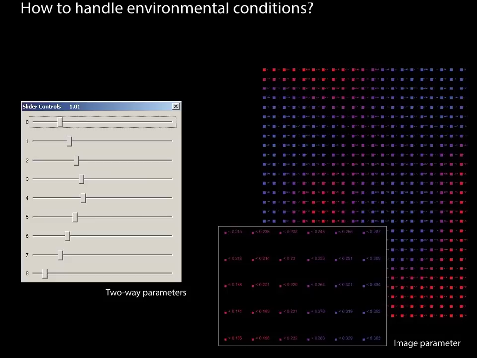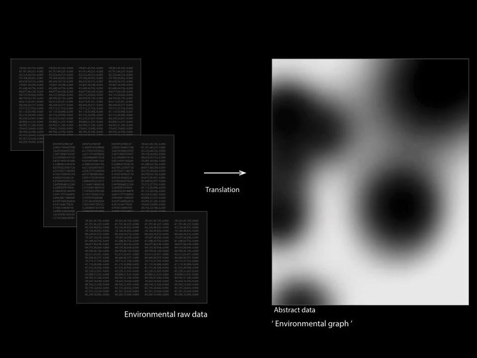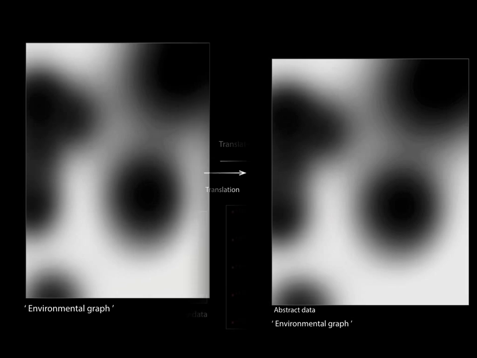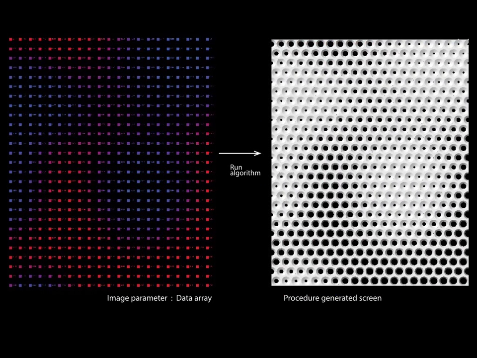Slider controls on the left and a two-way parametric network, or matrix rather, is then translated into environmental raw data and translated into the graph, and this in turn, in the form of the array, is generated as a three-dimensional screen responsive to the condition of design.